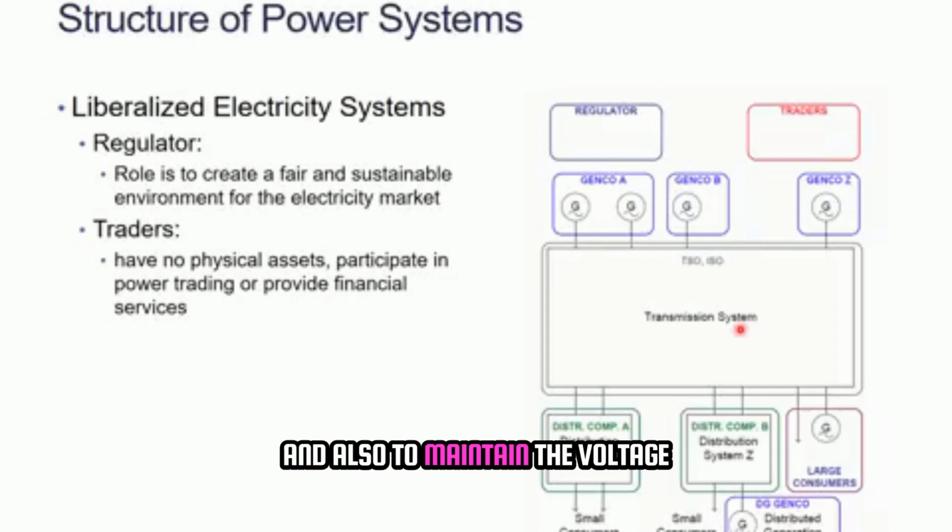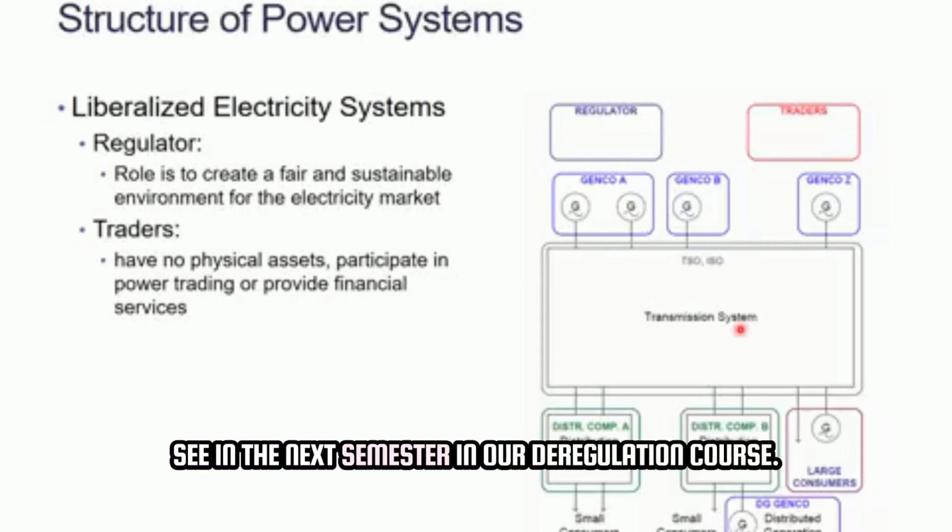And also to maintain the voltage and frequency at a nominal value, it requires different services, and at different time intervals the services are required differently. So this in detail we are going to see in the next semester in our deregulation course, but whoever teaches it, either me or anyone else, you will be able to see more detail there.